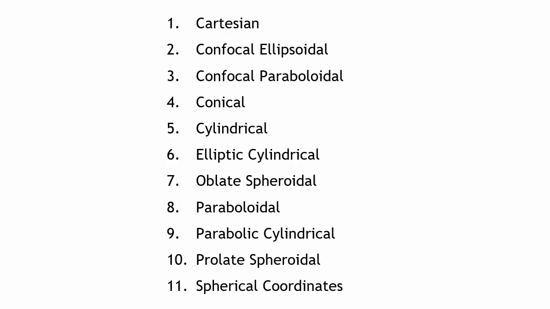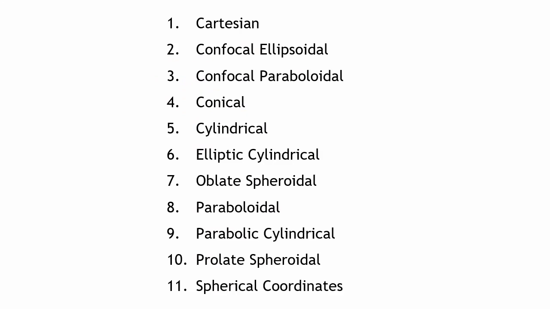Now, as we said earlier, the Laplacian operator will look different between different types of coordinate systems. And this Helmholtz equation is only solvable in 11 of the coordinate systems, which I will list right here. Now, of course, there's loads more coordinate systems than these 11, but these 11 just happen to fit the criteria that we're looking for.